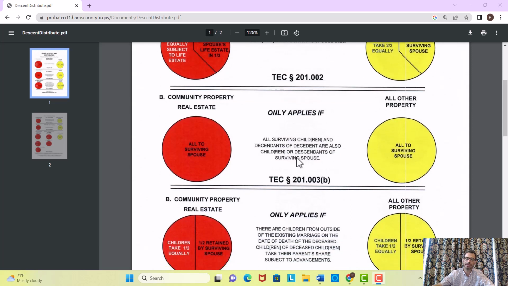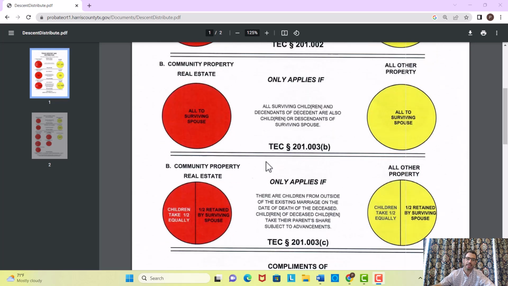There are no children outside of the marriage. And then the other section B of community property only applies where the decedent had children outside of the marriage, not from their surviving spouse.